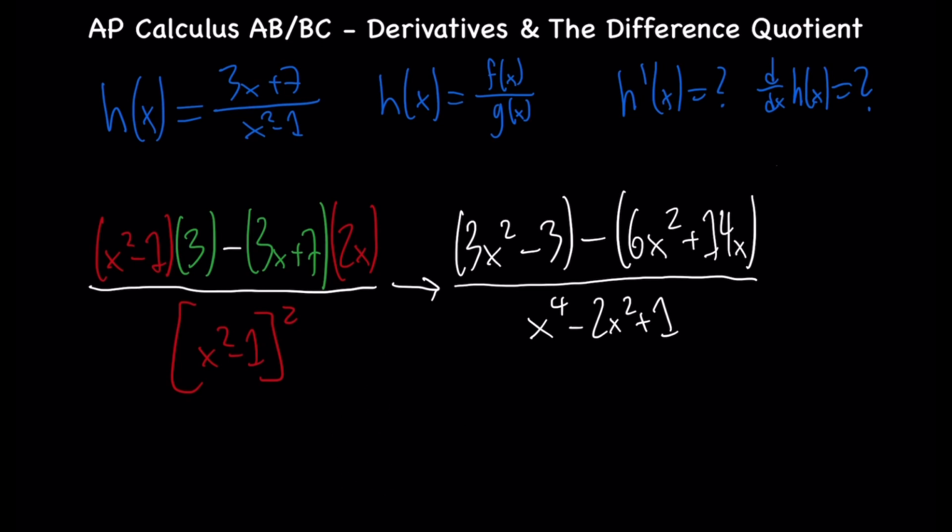Then you just add these together. Oh wait, you subtract these together, never mind. So then you have negative 3x squared minus 14x. And then you would have minus 3.